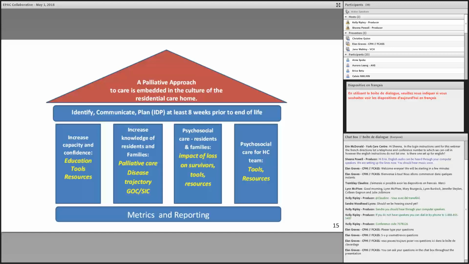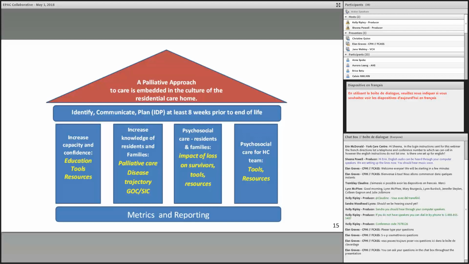We also realized that clients, residents, families, they needed much more knowledge, much more education regarding what palliative care is, their disease trajectory, and also what we meant by goals of care, because most people that we spoke to had thought goals of care were about completing their degree of intervention.